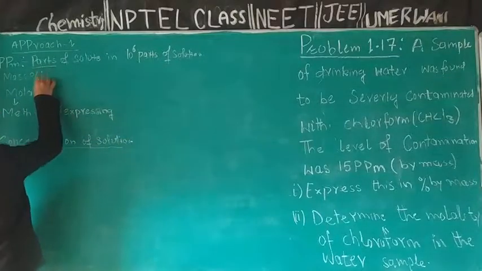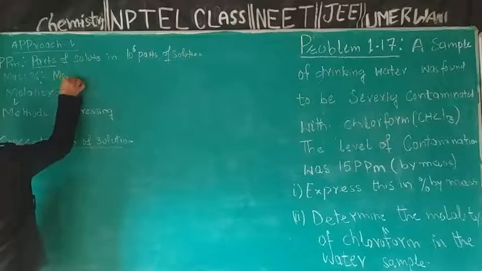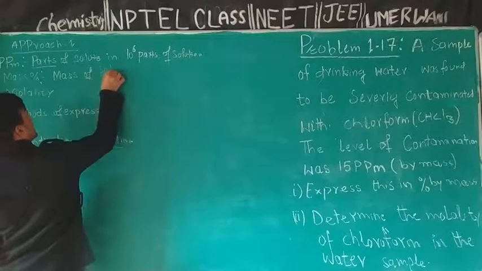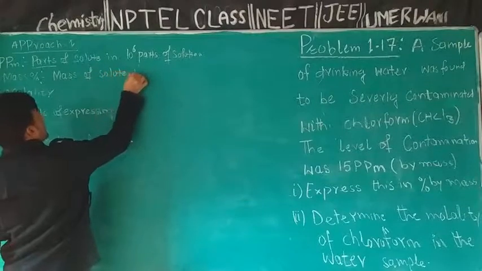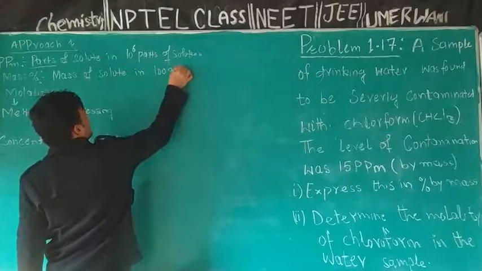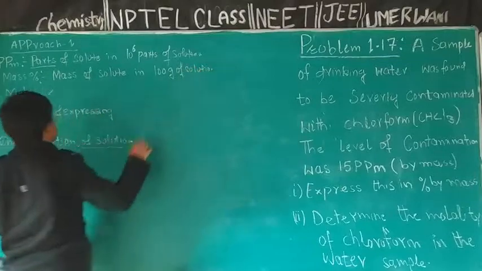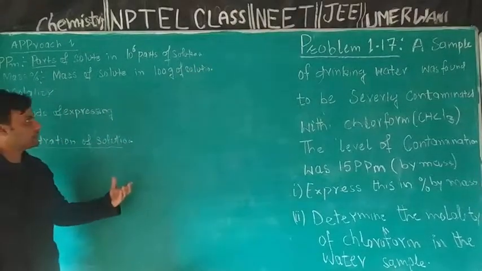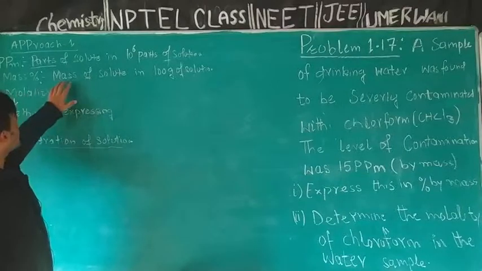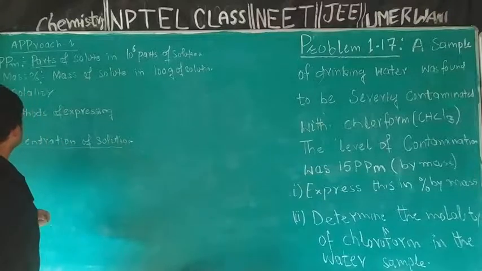Second is mass percentage. Mass percentage means mass of solute in 100 grams of solution. Because percent means 100, we have to imagine that we have 100 grams of solution in total, and in 100 grams of solution we have to determine how much mass is contributed by solute.